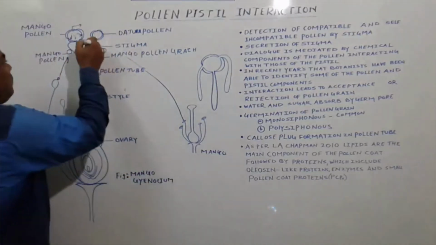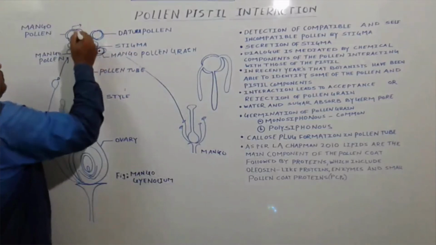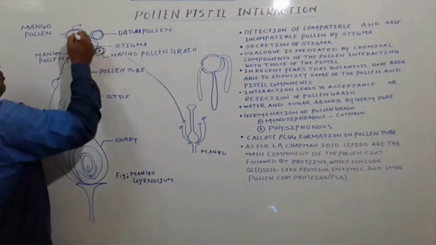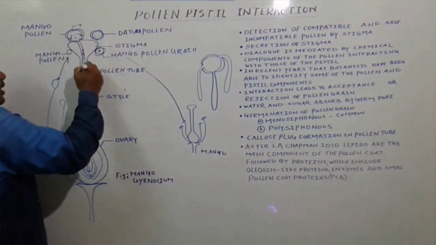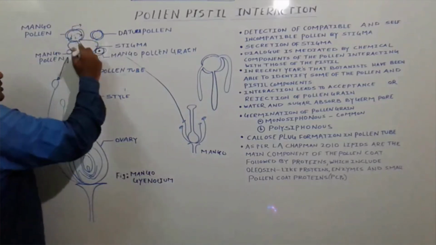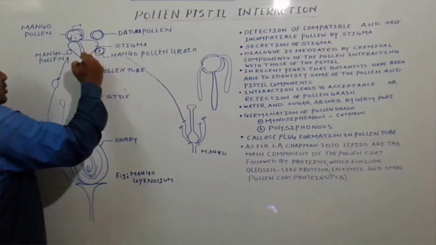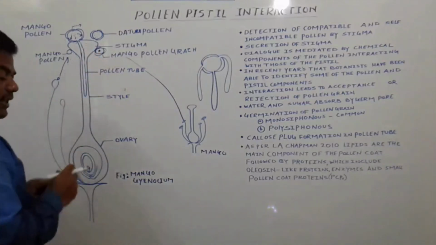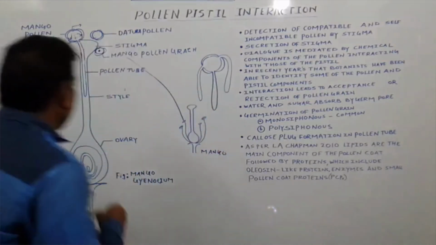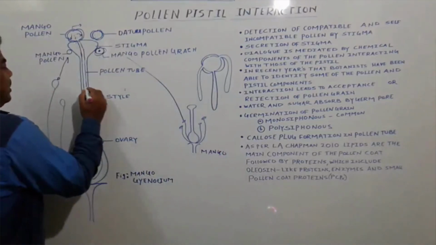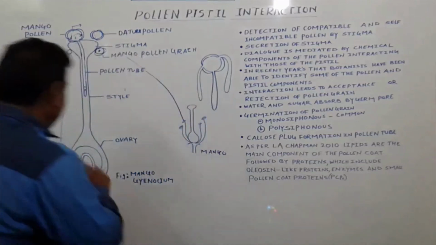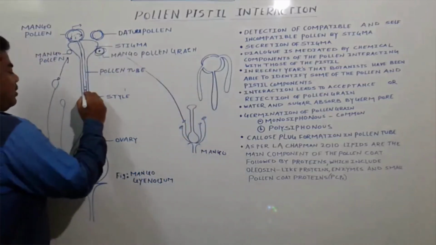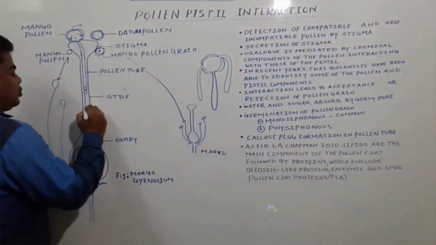Again from the stigma, the pollen grain absorbs water and sugar, and the excess water and sugar again move here, and due to it the two male gametes also move forward along with the pollen tube like this. Now this pollen tube moves forward by piercing the stylar tissue.